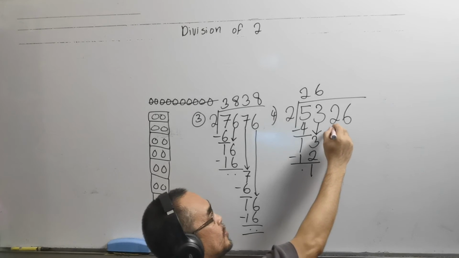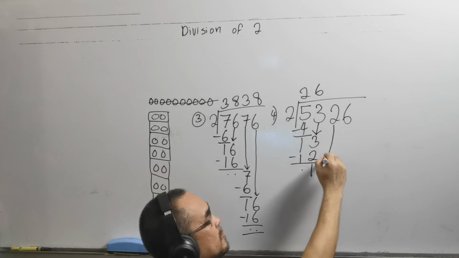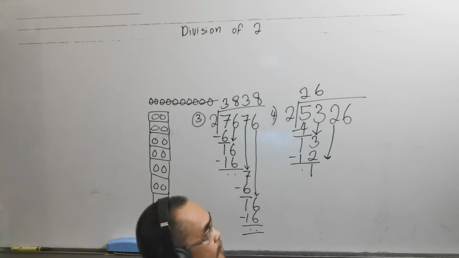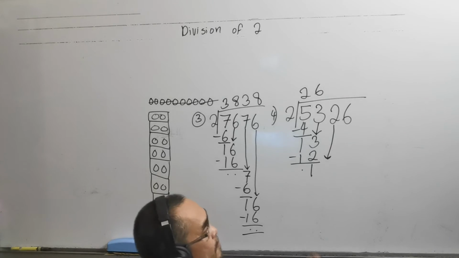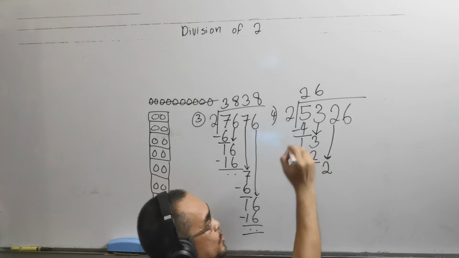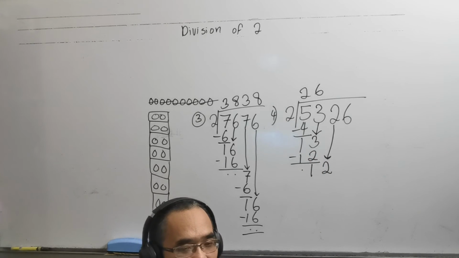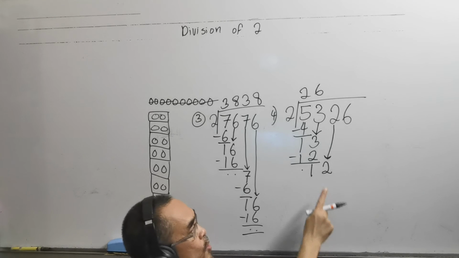And then you bring down 2. So here becomes 2. So the number becomes 12.